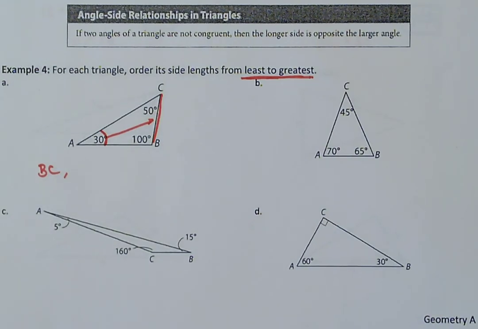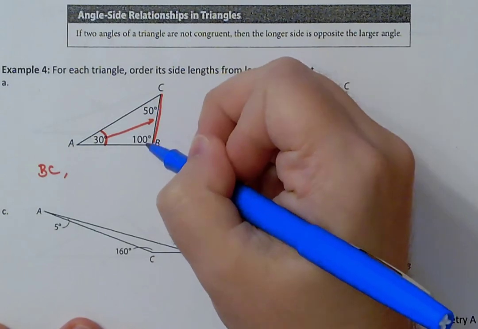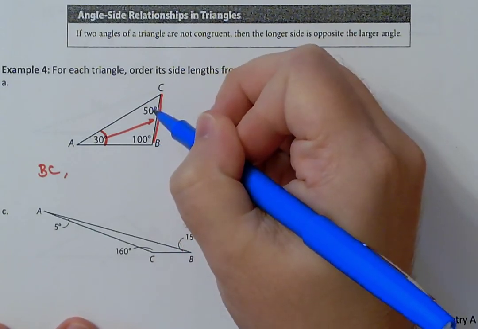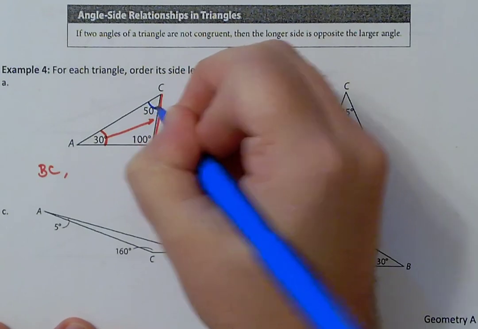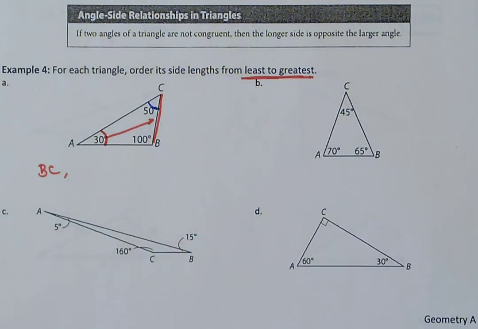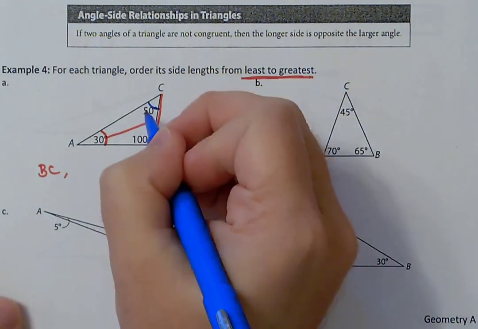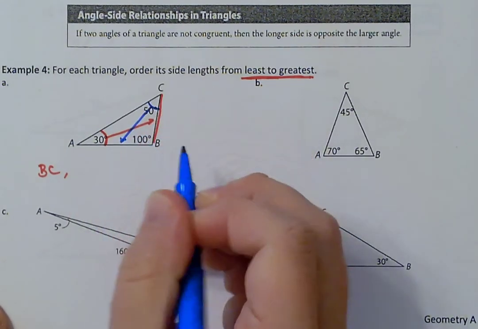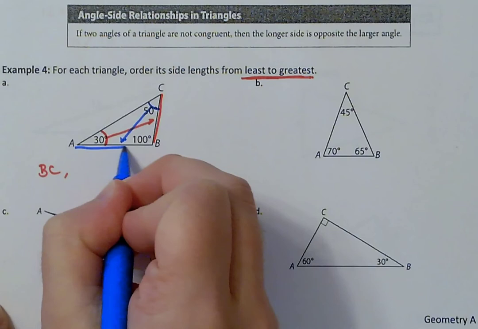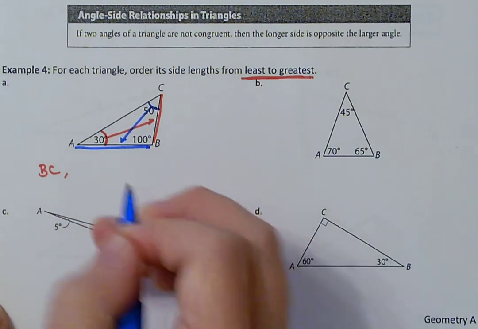All right, next we're going to go through and continue the pattern. So between 50 and 100, which of these two is smaller? 50 is my next smallest angle measure. So the side opposite of angle C at 50 degrees is going to be my side length of AB.